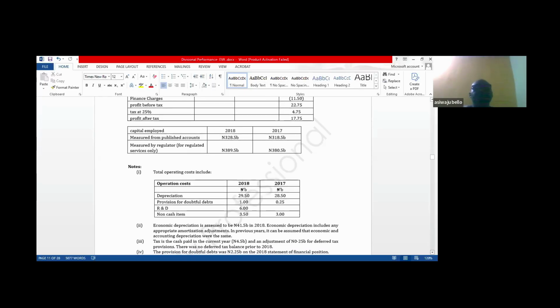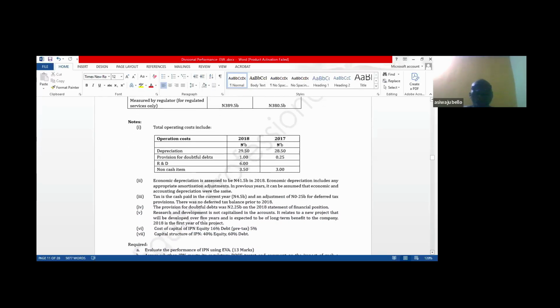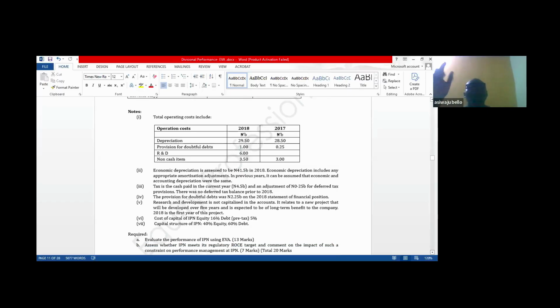Additional notes. Note number 1. Total operating costs include depreciation, provision for doubtful debt, research and development, and a non-cash item.